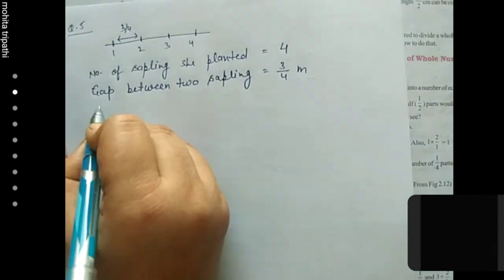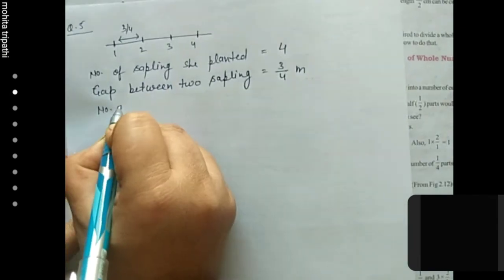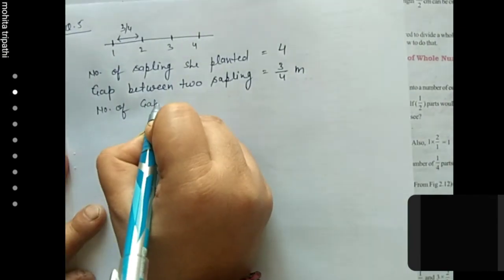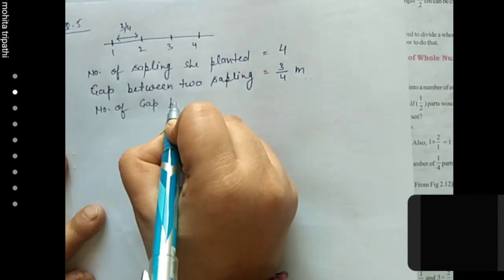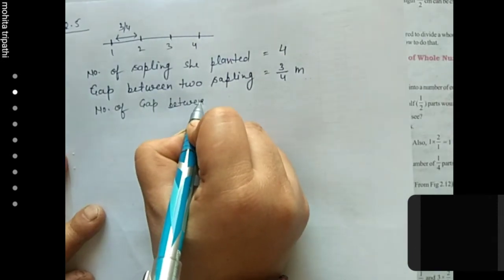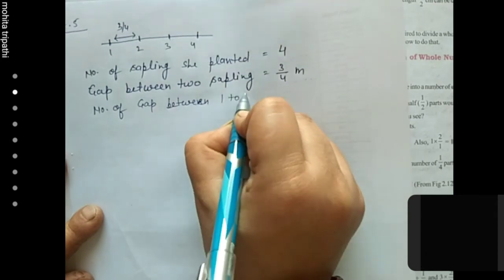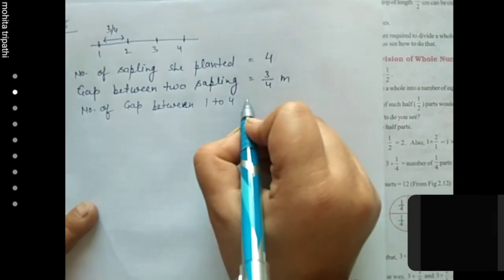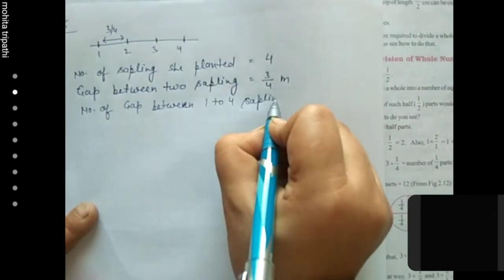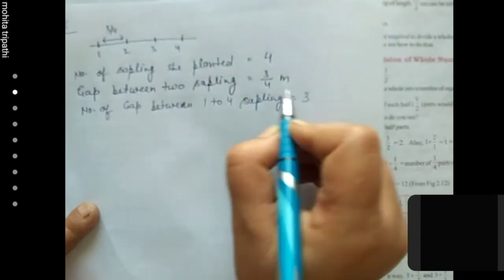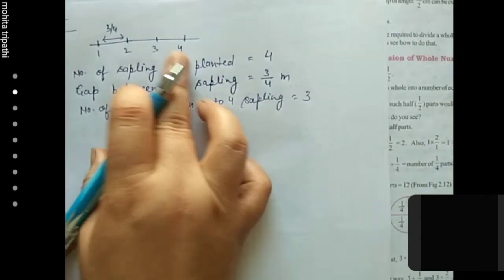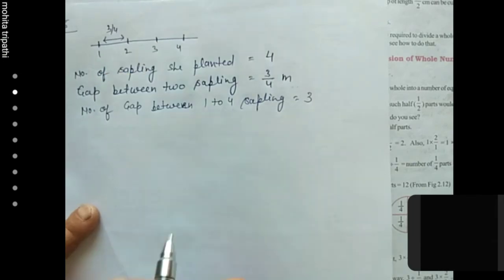Between the 1st and 4th sapling, the number of saplings is 4, but the number of gaps between them is 3 only.